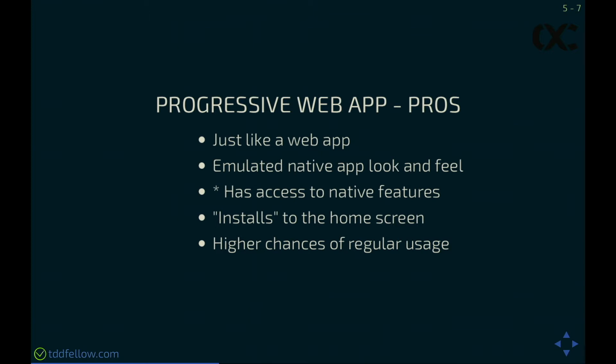So you don't have the location bar, you don't have all those things. And this is basically just like a web app. So everything that I said before applies here. But you will have emulated native look and feel, which means that if somebody looks at my phone when I'm using such app, they'll think I'm using native app.